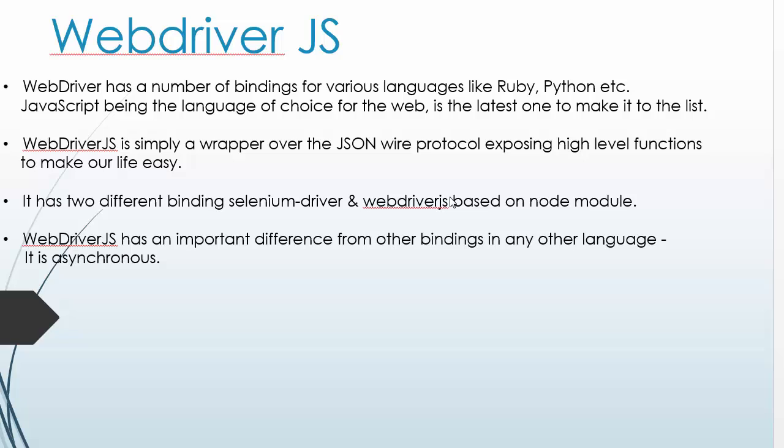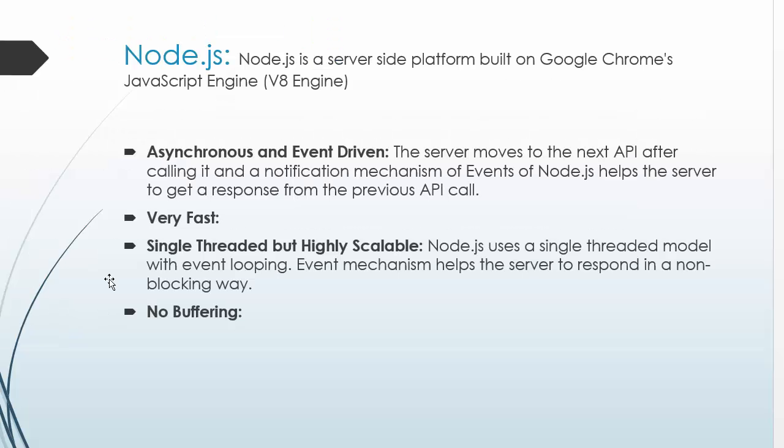I think you have an understanding of Node.js. If you don't, this is just a brief introduction. It's basically a server-side platform built on Google Chrome's JavaScript engine. It is asynchronous and event driven, which means it doesn't wait for one call to finish.